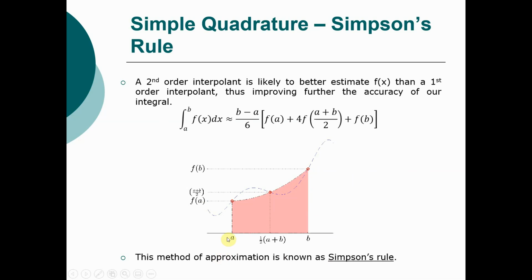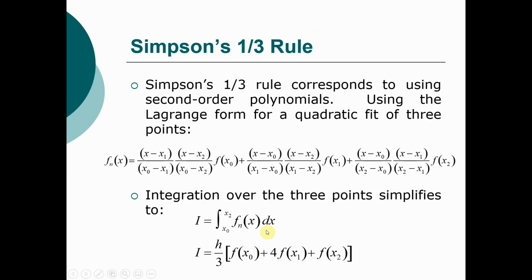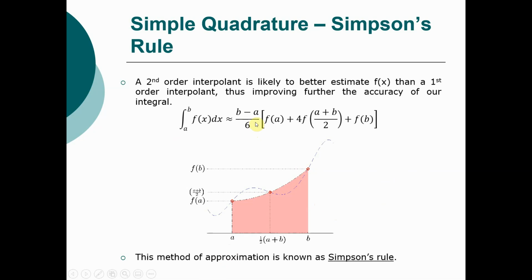Our h is the distance between the two data points, so our h is b minus a divided by 2, but we also had a 1/3 in the answer. So that's why it shows b minus a divided by 6. So that's what the Simpson's 1/3 rule is.